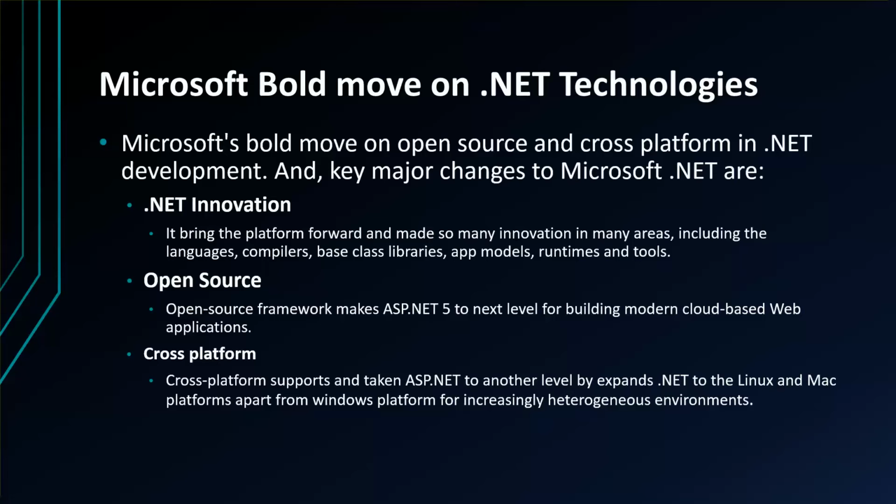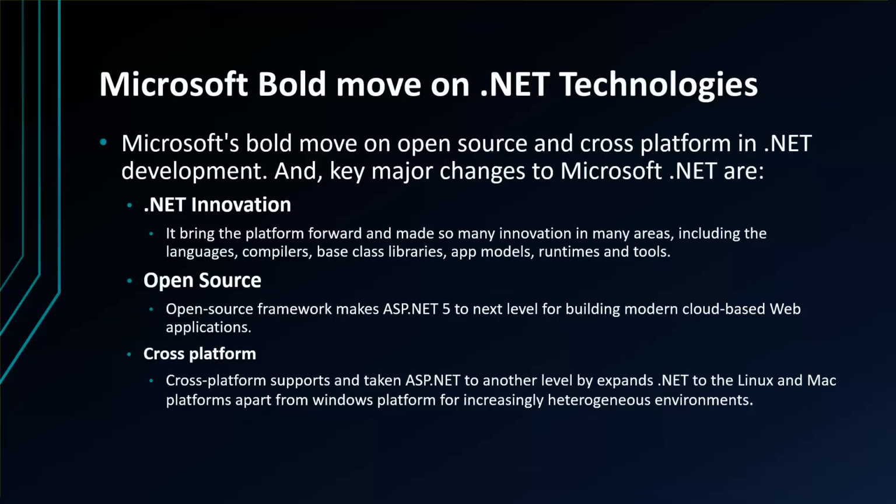They made so many changes in languages, compilers, the library level, application models and runtimes. They have also introduced so many tools. The big and major change is open source. The open source framework takes ASP.NET 5 to the next level for building modern cloud-based web applications.